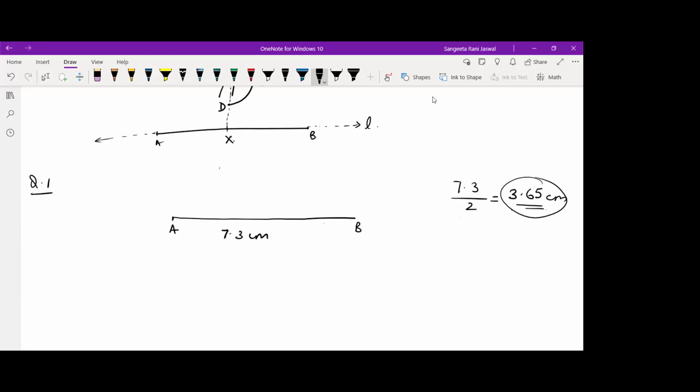More than half means something greater than 3.65, so you have to take something more than 3.7. So adjust your compass to more than 3.7. You can take it 4 or 5.